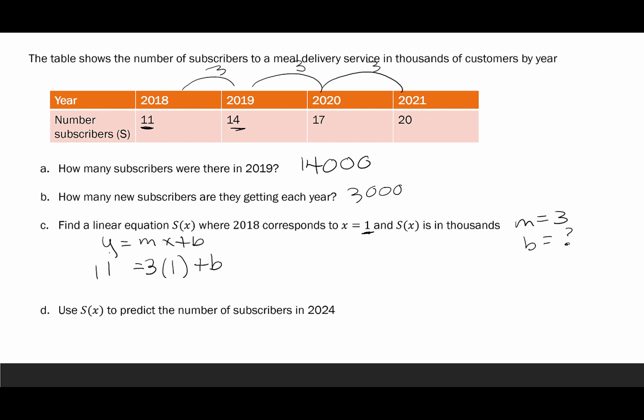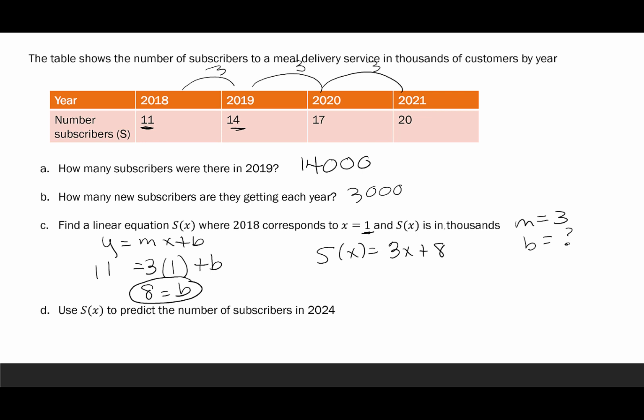So I used this initial value to help me find the value of b. Well, luckily, this is nice. This says 11 equals 3 plus b. So move the 3 over, I get 8 is b. So now I found the b. So s of x will be equal to 3x plus 8. I want you to think, go back and find b. Could you have just said 11 minus 3 is 8? Absolutely, that'd be a good way to do it too.